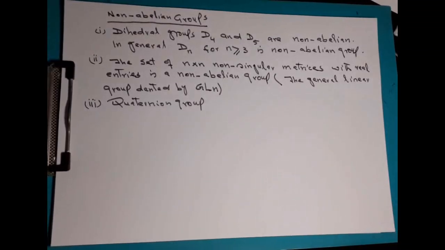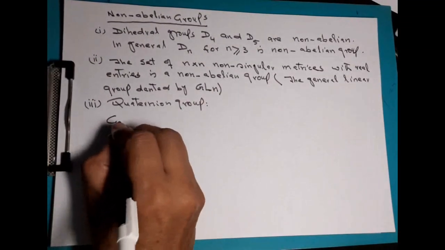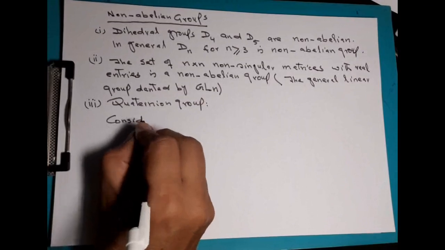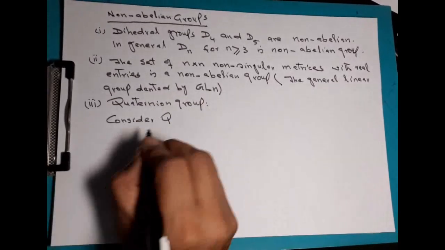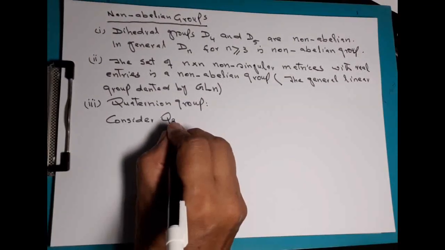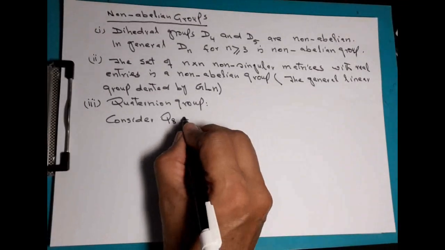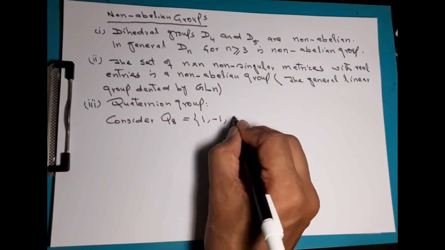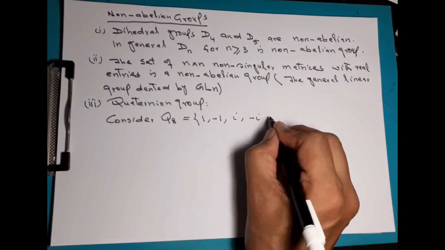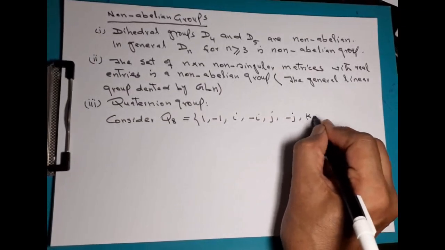Note that this is the group we call the Quaternion Group. Consider Q for Quaternion and 8 because there are going to be 8 elements in it. So mostly this group is denoted by Q8. These are the elements: 1, minus 1, i, minus i, j, minus j, and k, minus k.